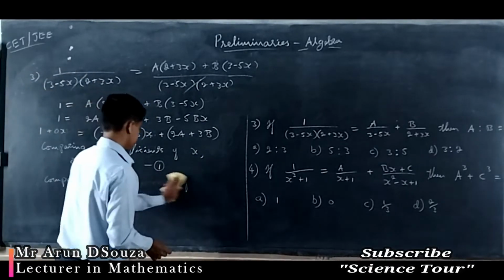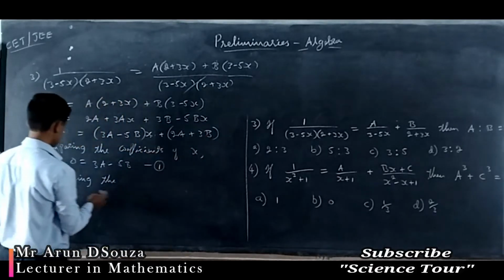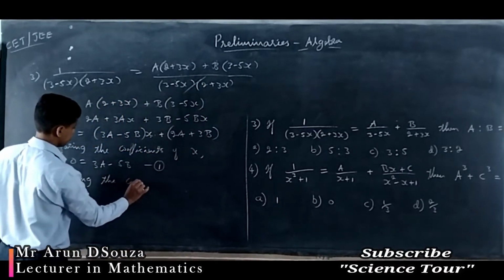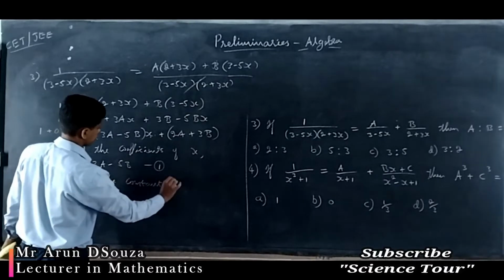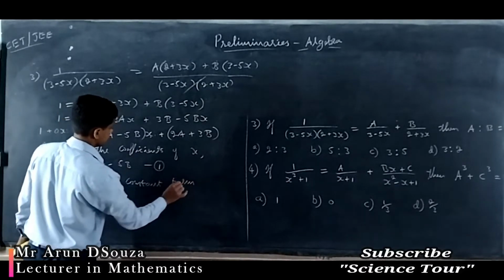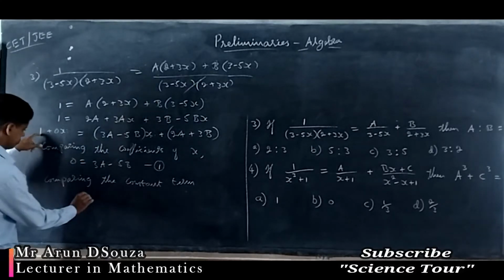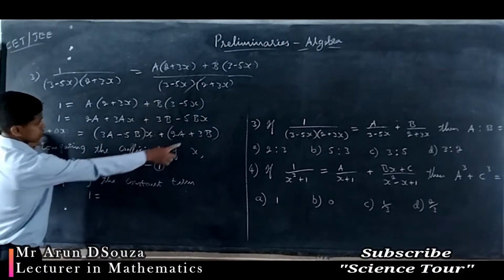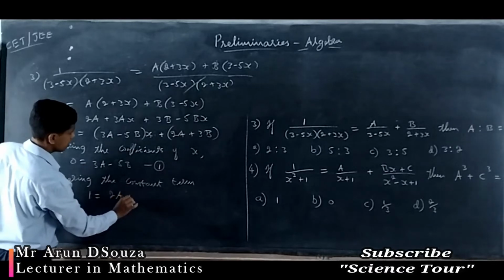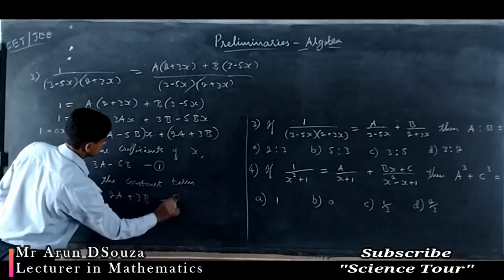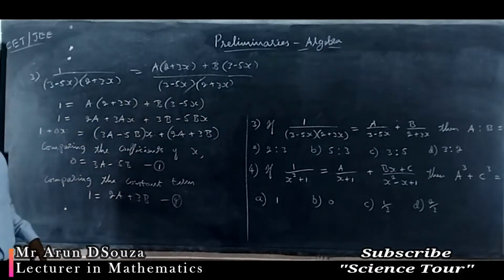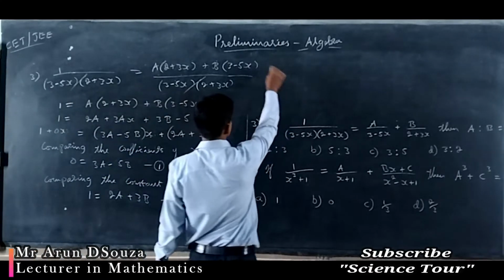You don't have any coefficient there, you have the constant term. So comparing the constant term. When you compare the constant term, you have 1 here, and what is the constant term here? 2a plus 3b, that is the second equation. Now you have to solve equations 1 and 2.